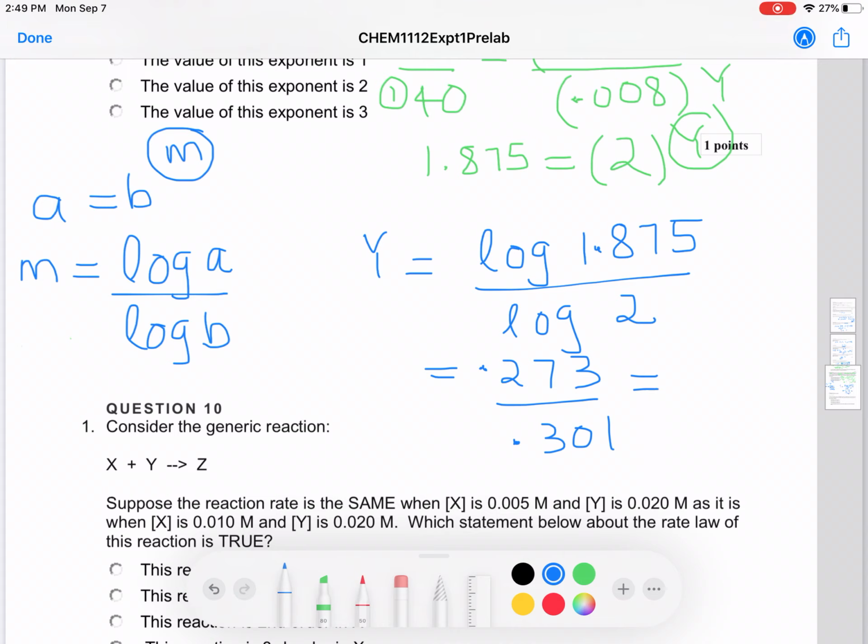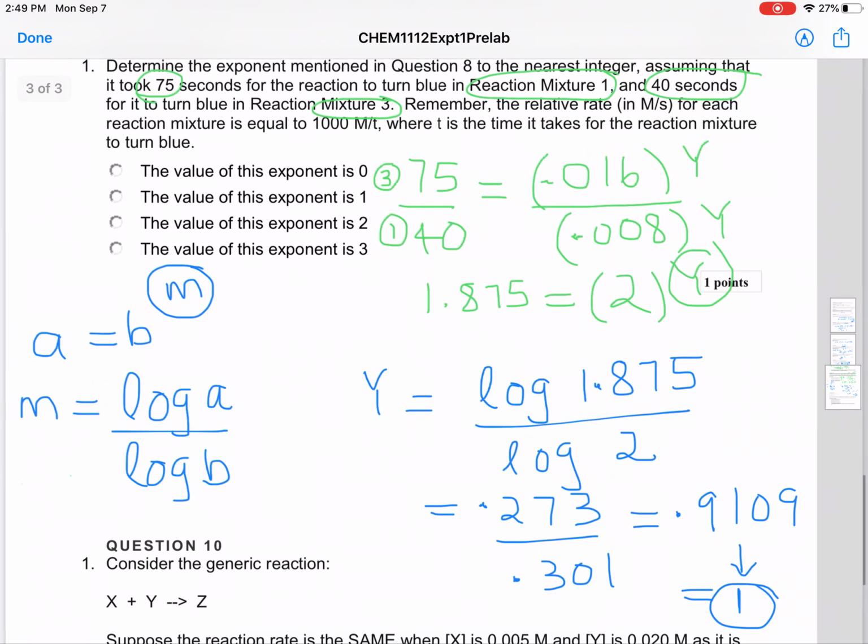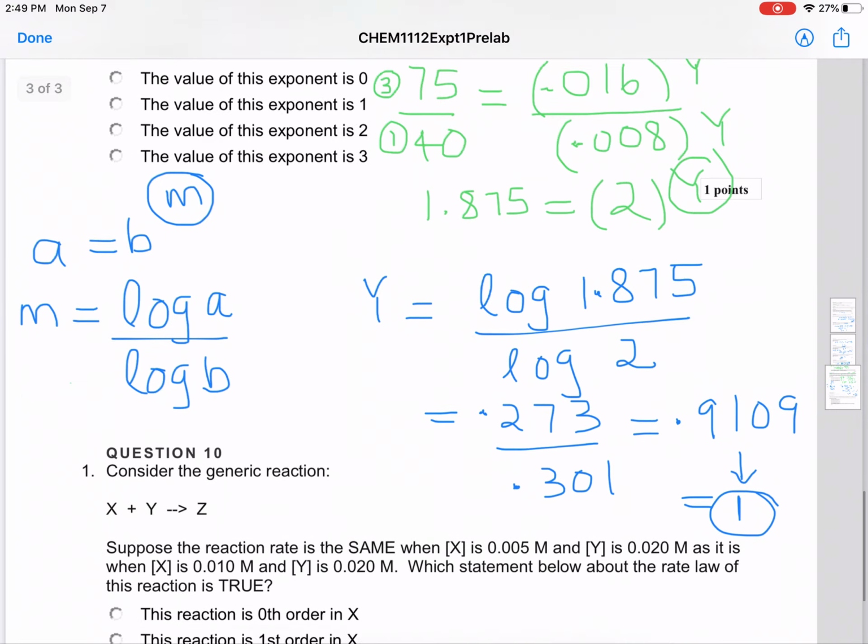You will get a number like 0.9109. So 0.9, when you round it up, is very close to 1. So the value of the exponent is going to be 1. And this is the same method you're going to use to find the orders when you perform your virtual lab and do the calculations. So the value of this exponent is going to be 1.